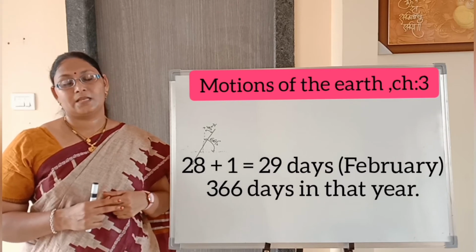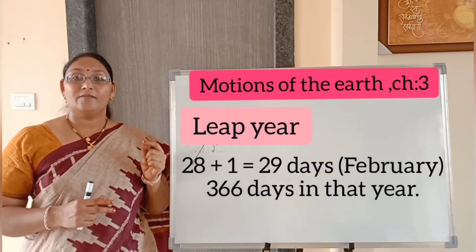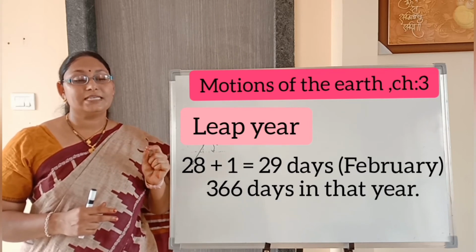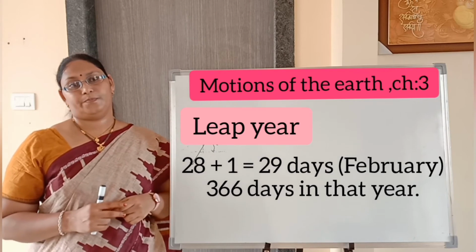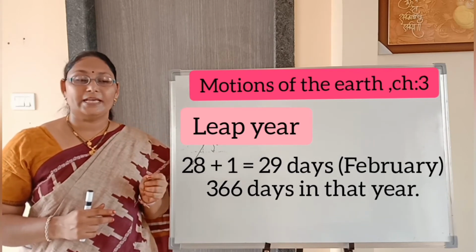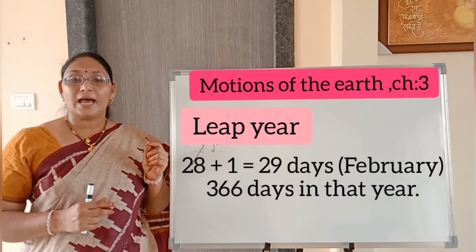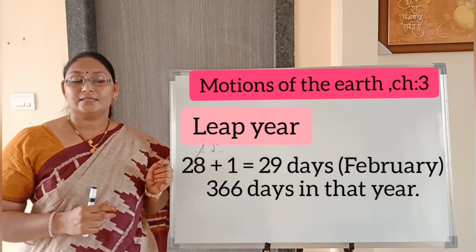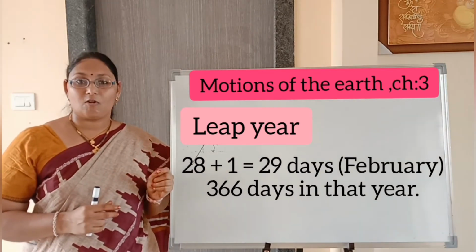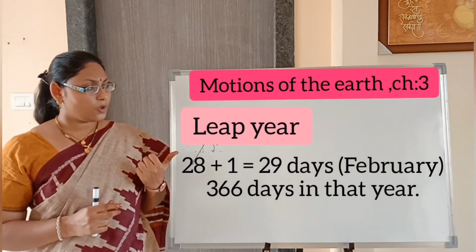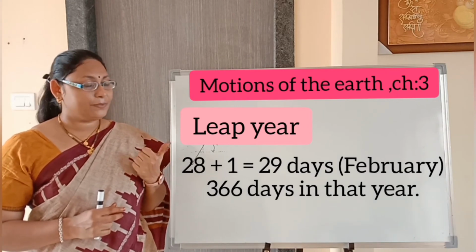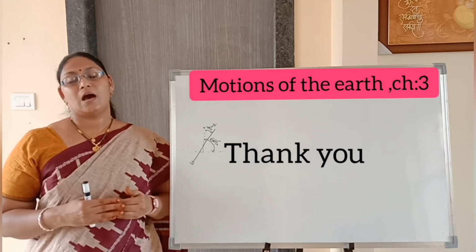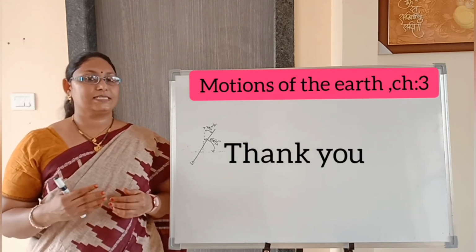So in that year, when February has 29 days, we have 366 days in the year. Generally we have 365 days per year, but the year when February has 29 days has 366 days. That year is called a leap year. What is the name of that year? Leap year. We will learn more interesting things about Earth's revolution in the next class.